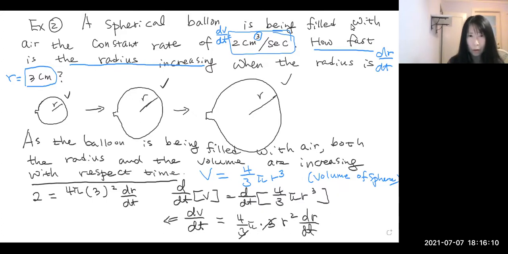Okay. Then what's this number? So we can divide. So I'm sorry, 3 squared, 9 times 4, which is 36. So we divide by this number, right? Then we get dr over dt.